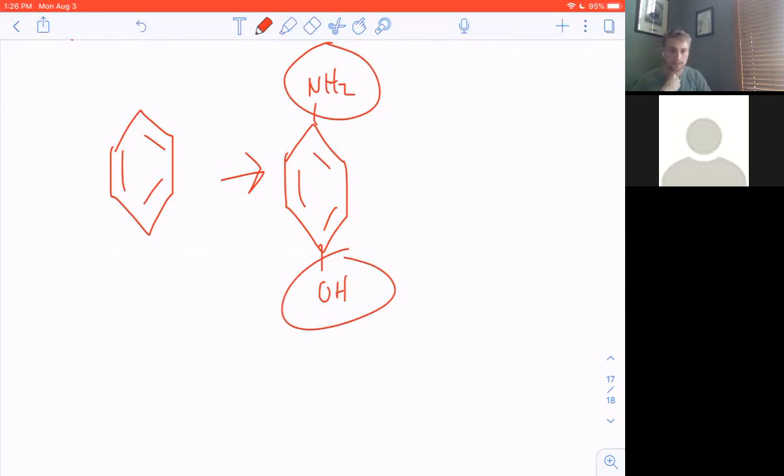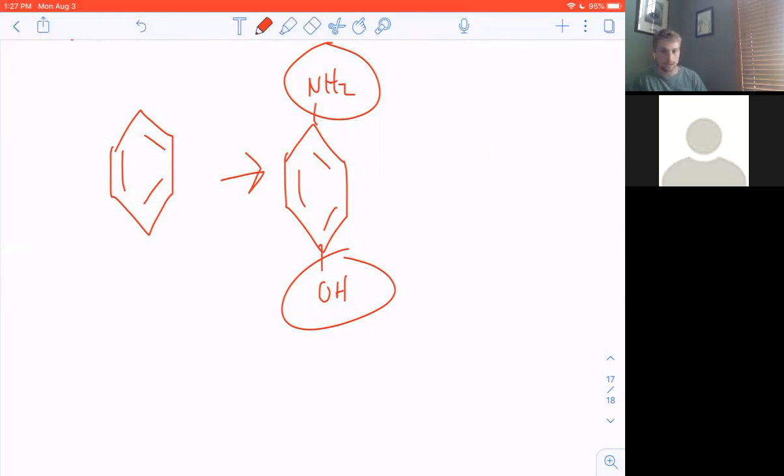There are a couple of different ways of doing this. To get the hydroxyl group on, you're going to have to do that elimination addition reaction at some point. Then for the amine here, you're going to have to add a nitro group and then reduce that down. And we learned ways of doing both of those things. So you just have to think about where things are going to add.